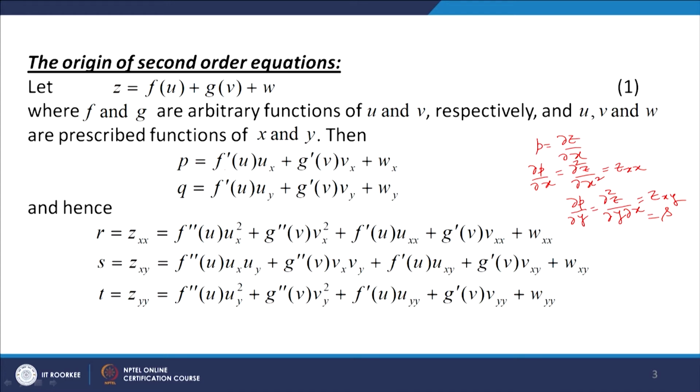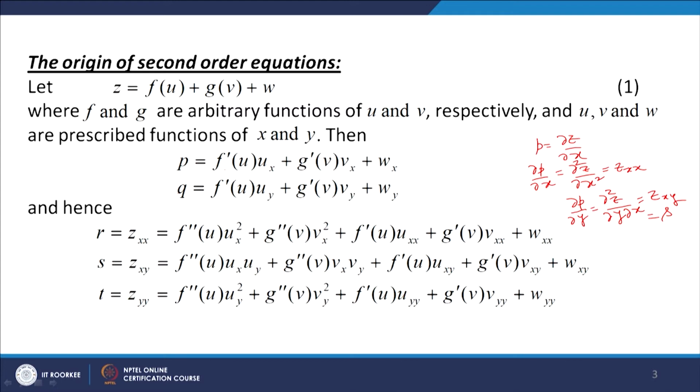So f double dash u into ux uy, and then g double dash v into vx vy, and then f dash u into uxy, g dash v into vxy and wxy.